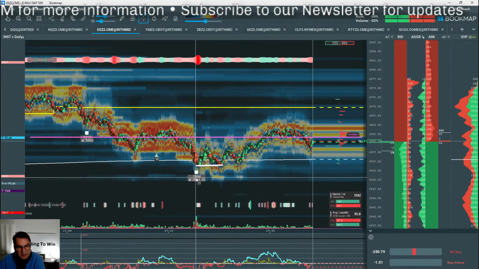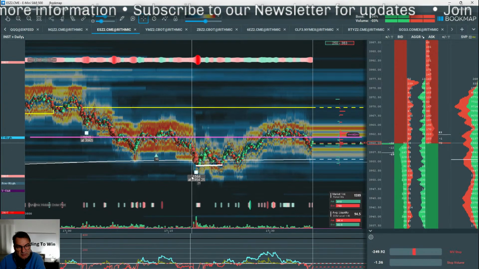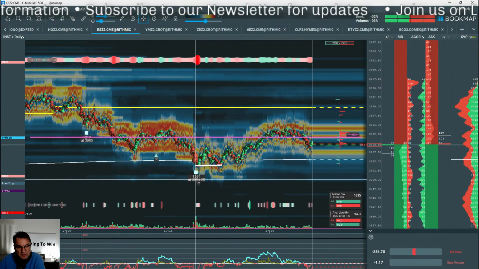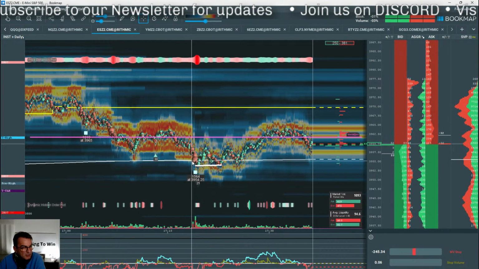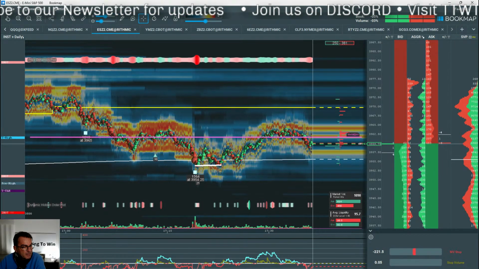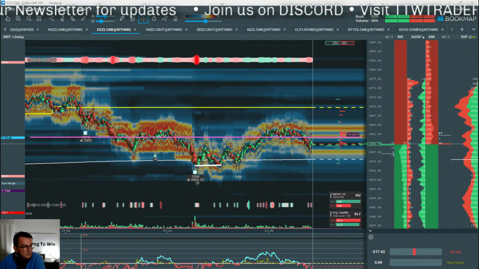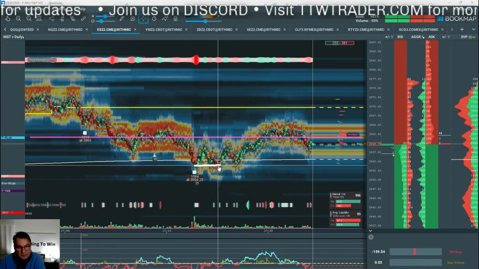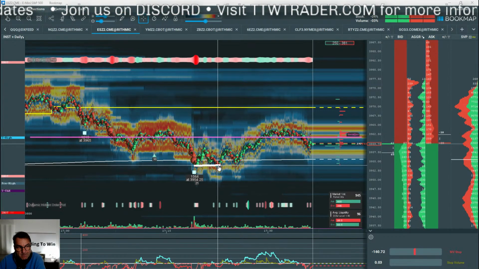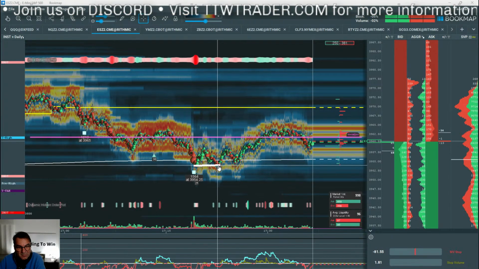You see 1,564 contracts traded here, and you see this very nice divergence coming in here. The second reason why I took the trade was the VWAP here.